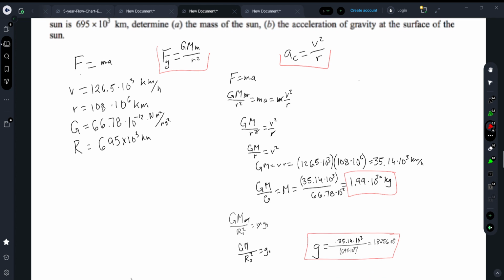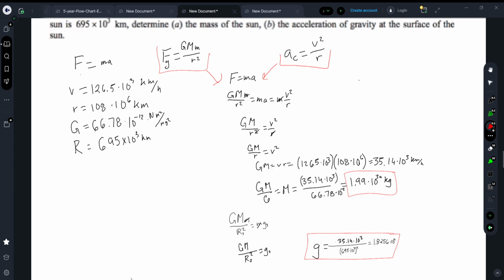So we plug in our F as this, and our a right here, and we're going to cancel off our m's, and then multiply by r on both sides. And now we have GM equals v squared r, which we can calculate.